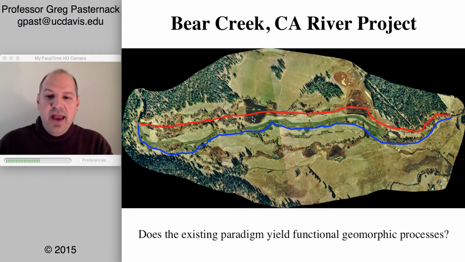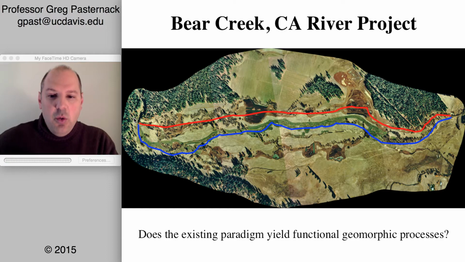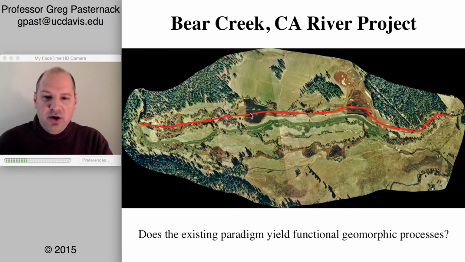Then you may choose to either let the water spread out and create its own new way, reoccupy historic channels, or build channels explicitly using the reference for each approach. And that last approach is what was done here, kind of like where the blue line is. That's where the greener area is in this meadow.